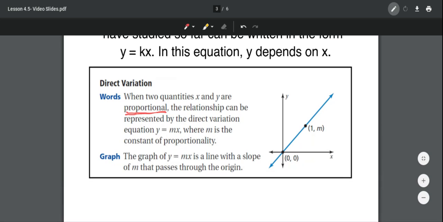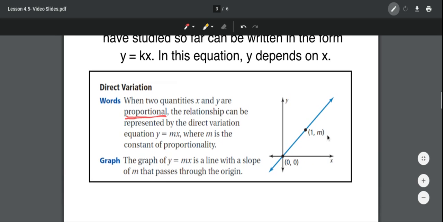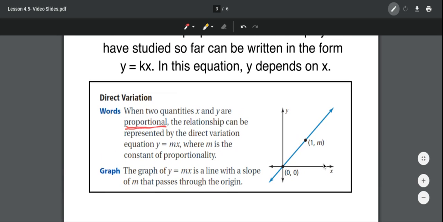So by looking at this particular graph, this point is 0, 0, and this point is represented by 1 and m, which is your constant of proportionality, previously known as k.